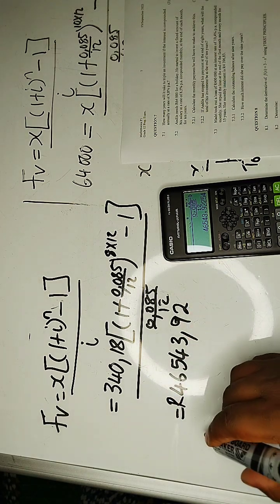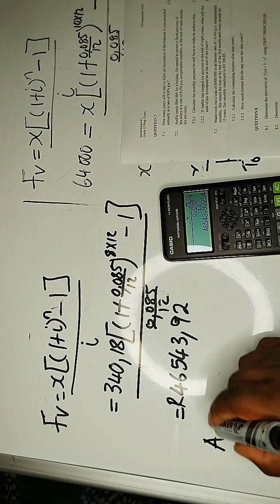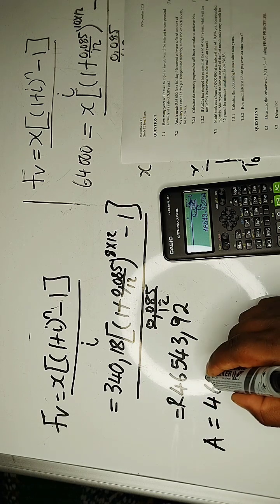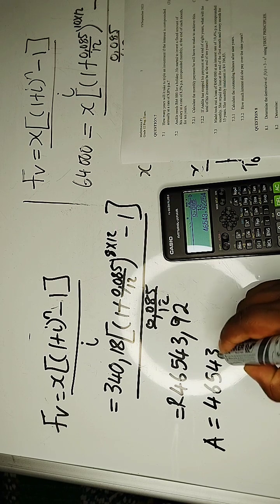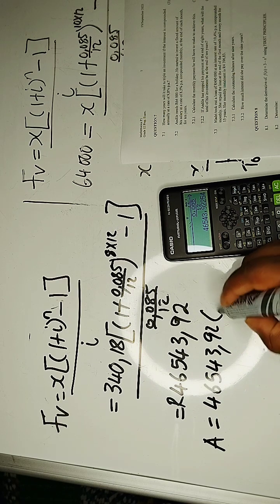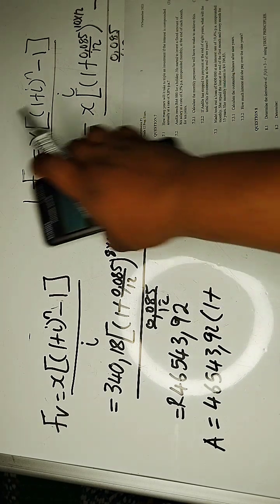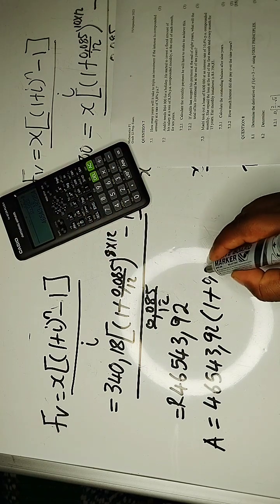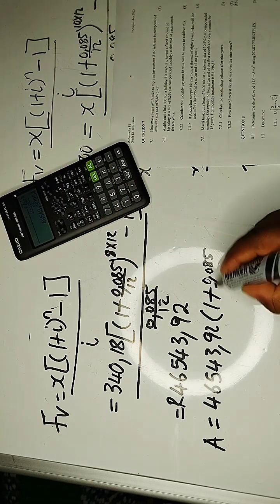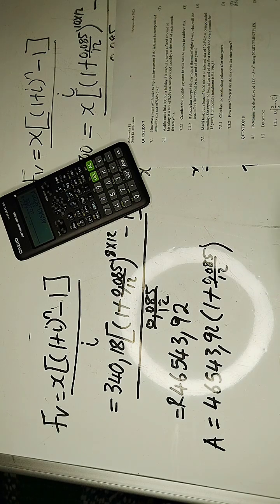We take this and say A equals 46,543,92 into 1 plus 0,085 all over 12 all raised to.